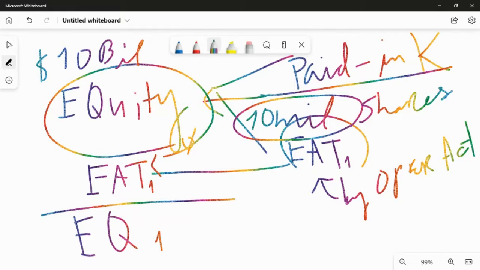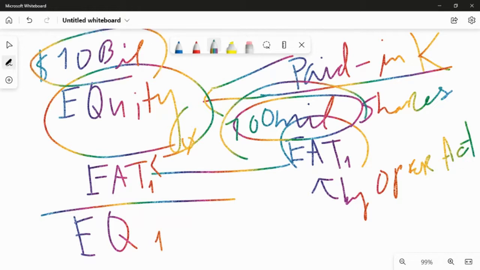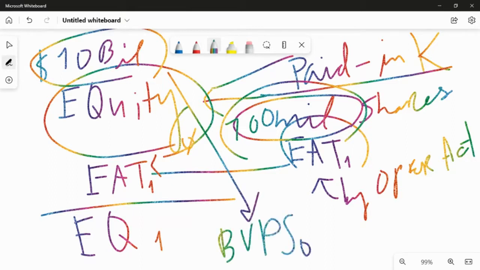Oh no, 100 million shares. Let's say 100 million shares were sold. That means the book value per share at time zero, this divided by this, is $100.